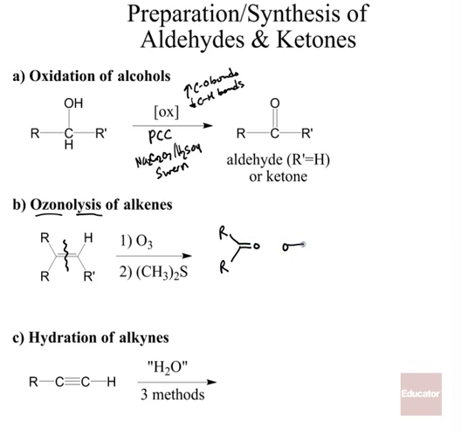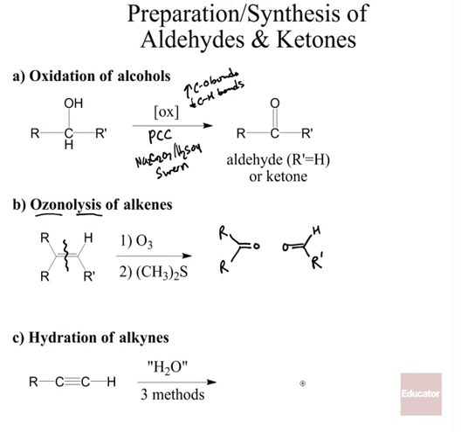So this is a way of making two carbonyl-containing compounds. Again, it can be a combination of either aldehydes or ketones, depending on what kind of alkene we started with. Remember this DMS, dimethyl sulfide, is just a reductive workup. The ozonolysis is always a two-step procedure to cleave the bond and form the carbonyls.